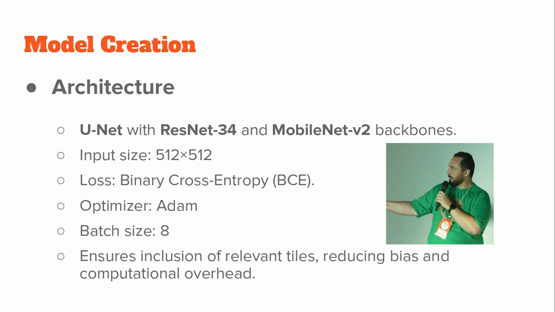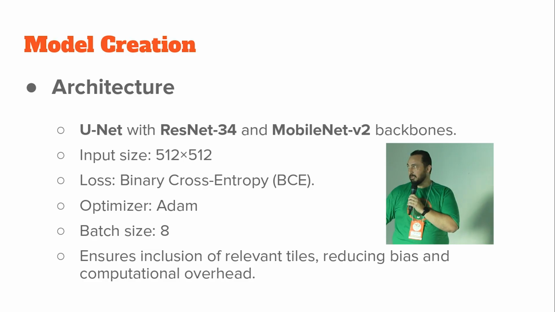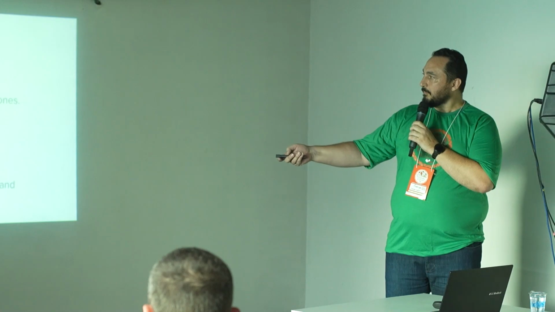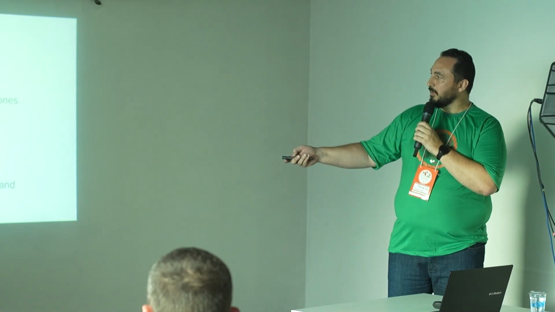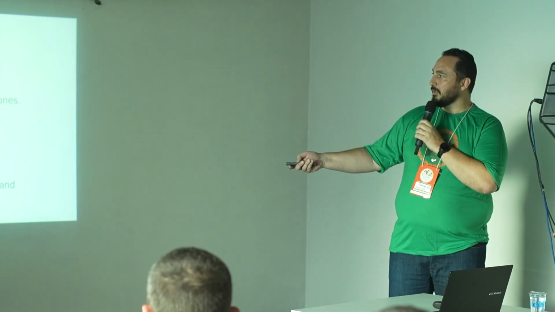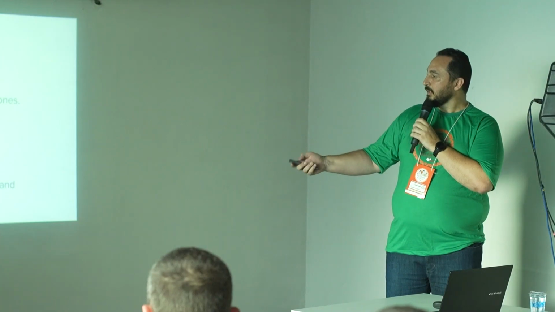So these two, ResNet 34 and MobileNet V2, are pre-trained models to identify vegetation, and we use them as an encoder for the UNet CNN. As other parameters, we use binary cross entropy as the loss function, the Adam optimizer, and a batch size of 8 images.